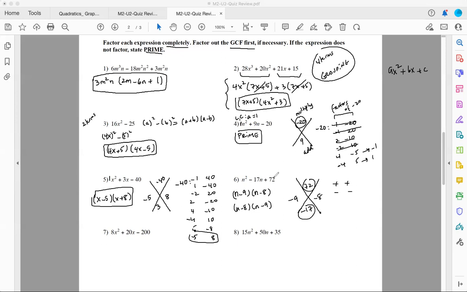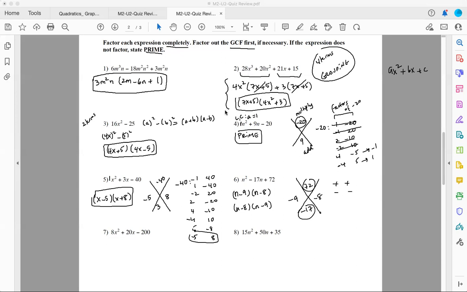Okay, number 7. Again, the deal was when you have a trinomial or any polynomial, you try to find a GCF. Looking at the terms, they're all even, so at a minimum they have a 2 in common.